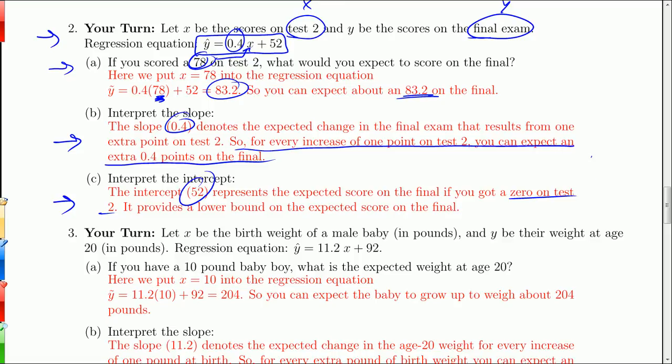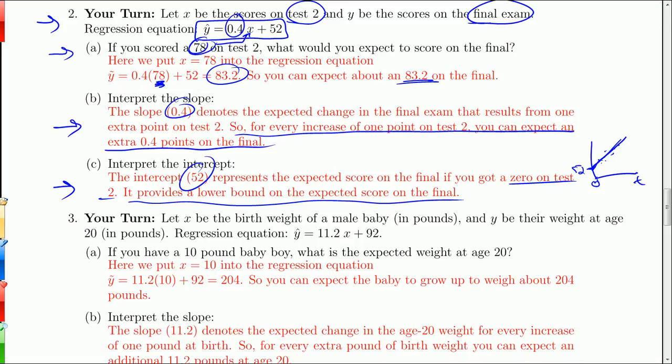You might not have had any data points down around 0 on X, that's test 2, but the intercept is there. So it provides a pretty good lower bound on the expected score on the final, provided, again, this linear relationship remains valid when X is close to 0.